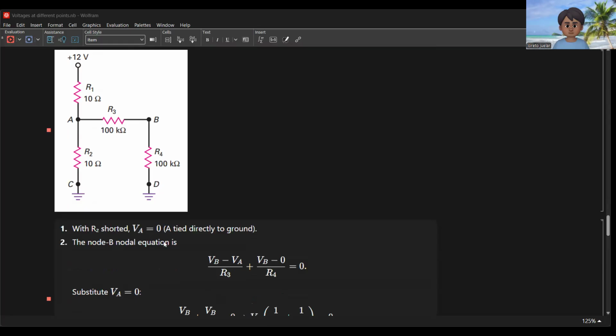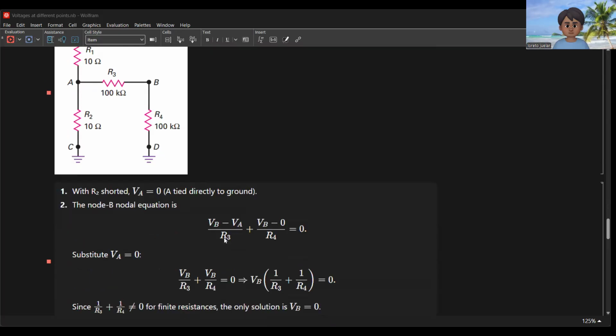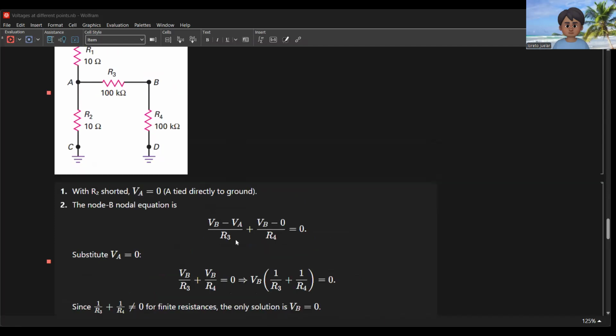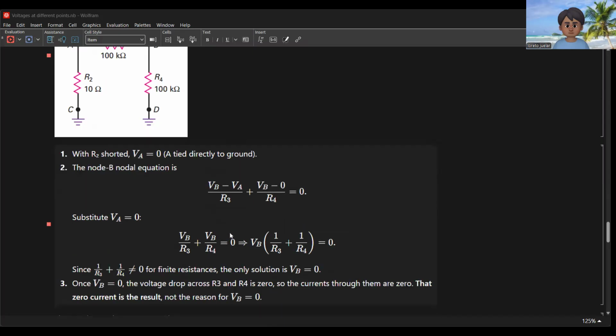So with R2 shorted, the voltage at point A equal to 0. So for node B, another equation is we have the voltage at point B minus VE here.